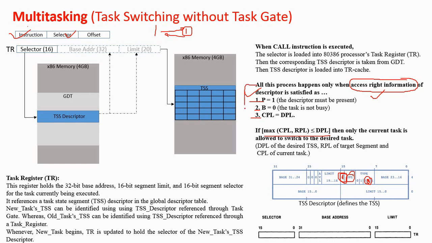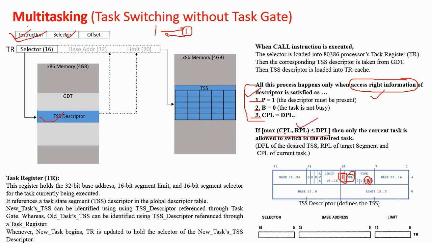So all those checks will be done related to TSS and the instruction. And after checking all those things, the current task is allowed to switch to the desired task. So all those fields will be observed and checked against this.